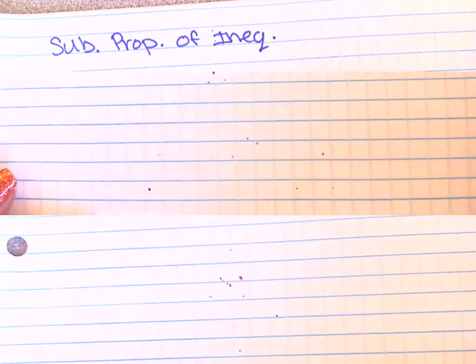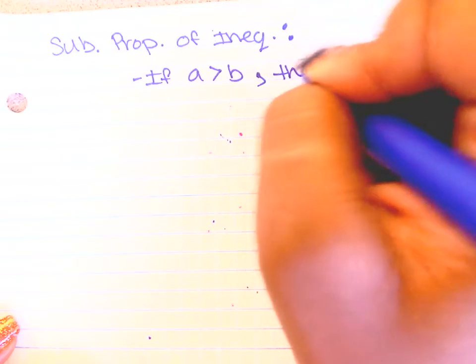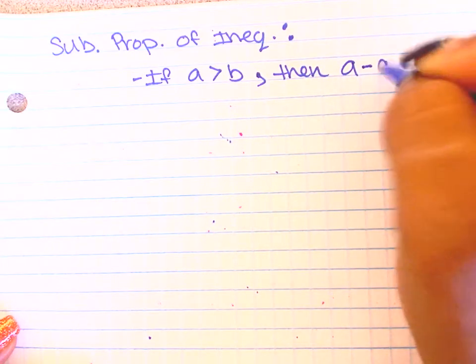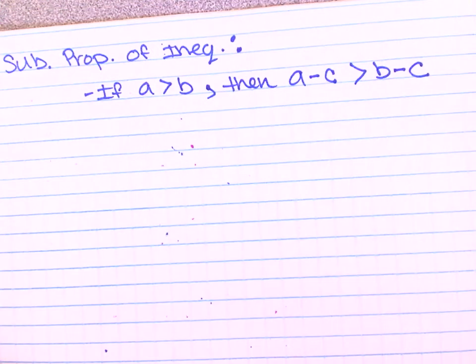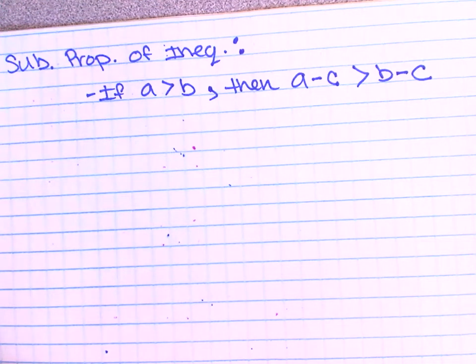The next property is the subtraction property of inequalities. Subtraction property of inequalities. Okay, and that states the opposite. If A is greater than B, then A minus C is going to be greater than B minus C. So that's the same thing.